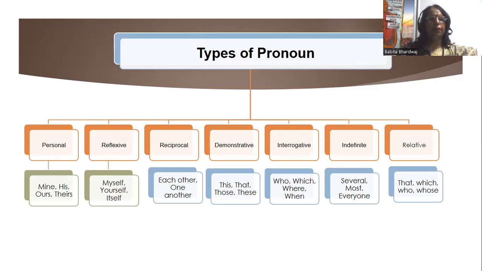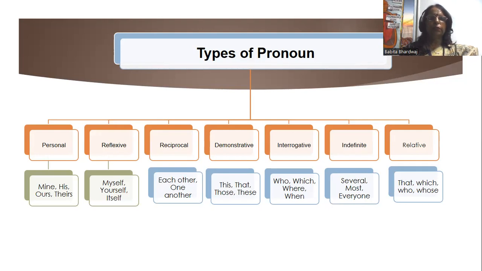As the name indicates, it is personal, meaning it is too close to us. Here, mine, his, ours, theirs. These are some of the examples of personal pronouns. Now coming to reflexive: myself, yourself, itself. I hope you must have used these terms in your day-to-day conversation. Then reciprocal, as the name indicates, each other or one another.